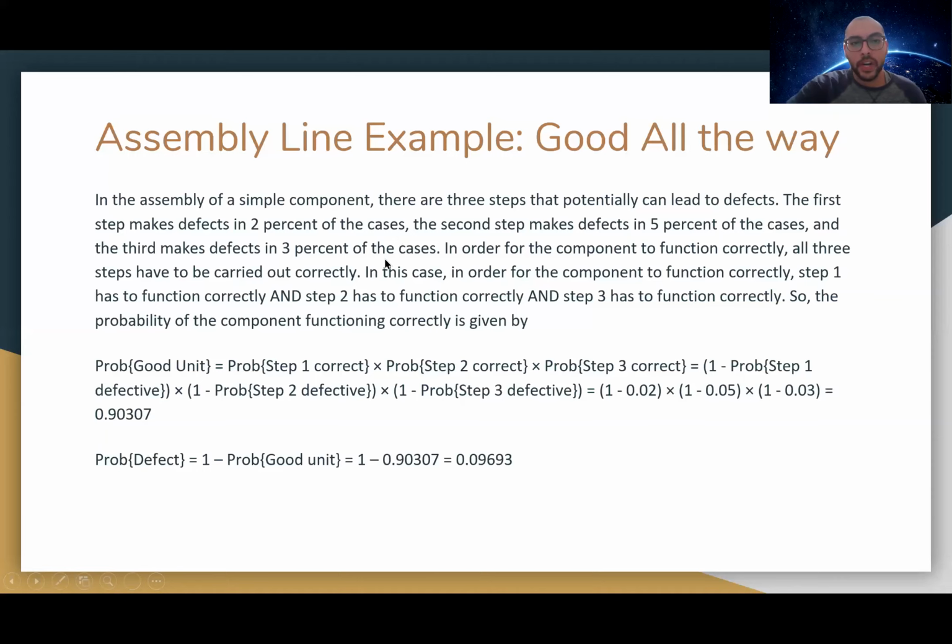And since we are given the probability of the defects, we will simply do 1 minus 2%, 1 minus 5%, 1 minus 3%. And if we do this simple calculation, we will end up with 0.90, which is 90% good unit. And if we want to know the defect probability, we will just do 100%, minus the percentage of a good outcome. And we will end up with 0.096.